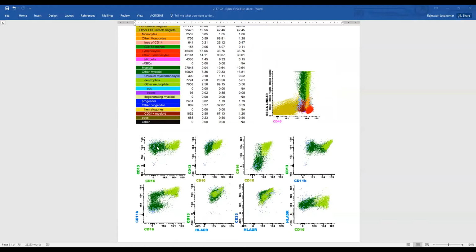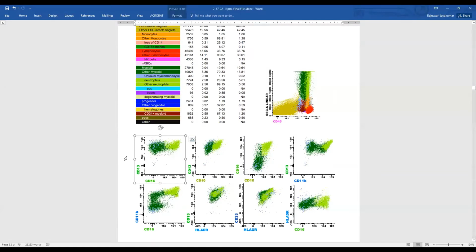Normally, in myeloid maturation, you will see a population that is CD13 positive and CD16 negative, which are the promyelocytes. And then there will be a population here, which is losing CD13 and still negative for CD16. Those are the myelocytes. Normally, your myelocytes should sit here.